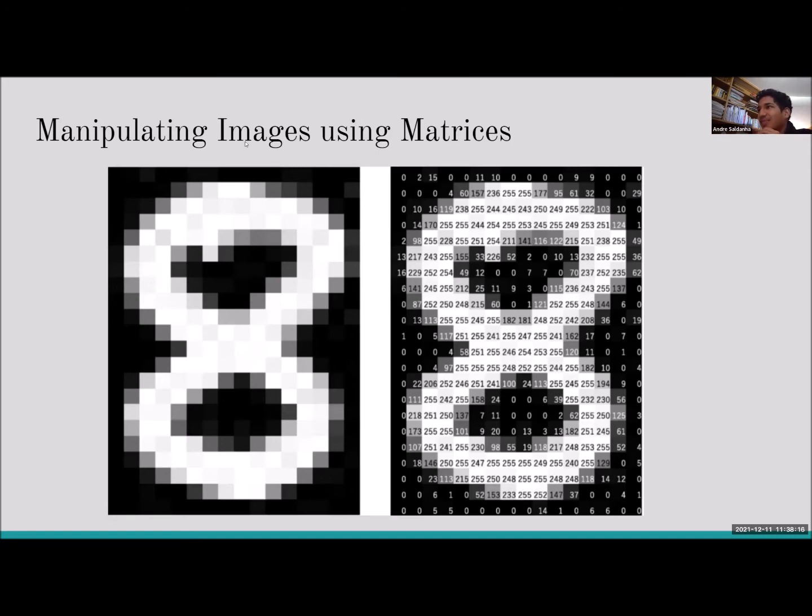So matrices can be applied to images as well. Basically, all the pixels in an image can be put into a matrix. As you can see, this one is very pixely. That means each number in the matrix represents a color.